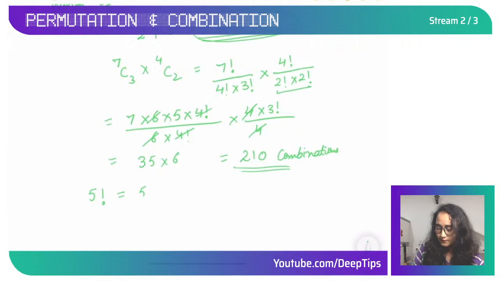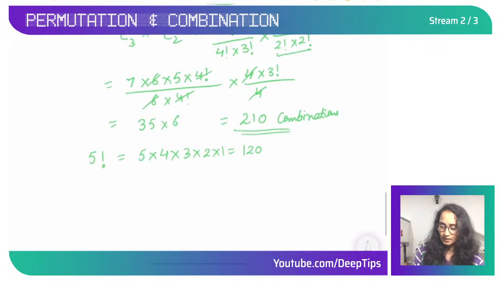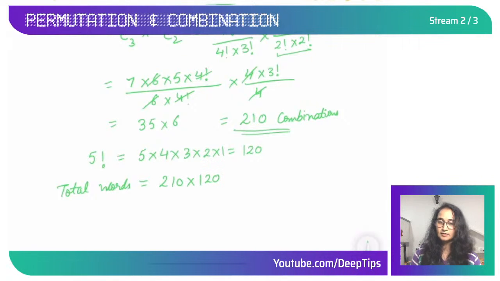So 5 factorial is equal to 5 into 4 into 3 into 2 into 1, which is equal to 120. So total words that are possible are 210 into 120. Okay, so this is the final answer, 210 into 120.